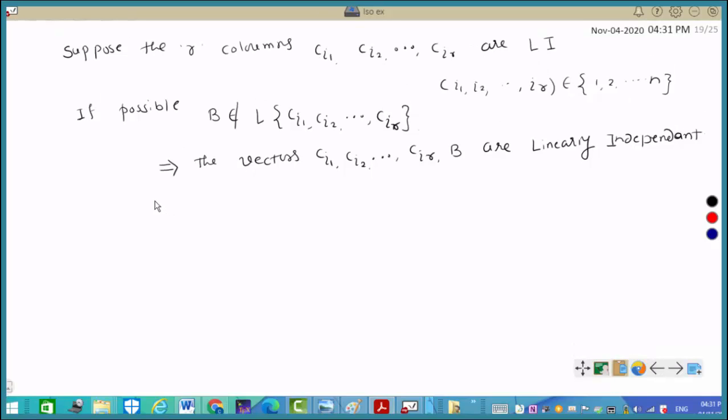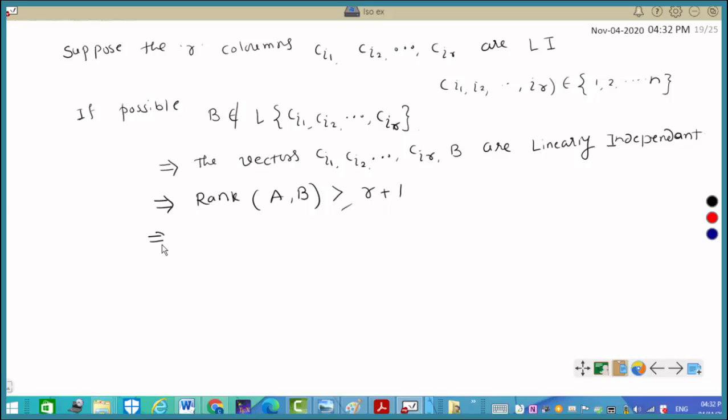So the rank of [A|B] is greater than or equal to R plus 1, since these are R plus 1 in number.